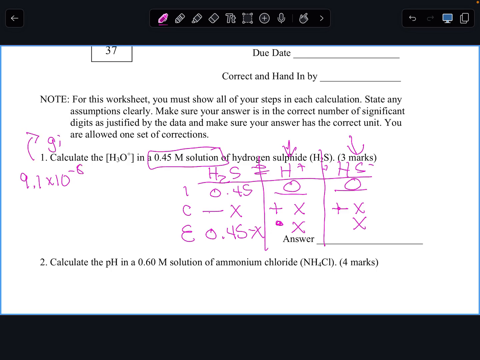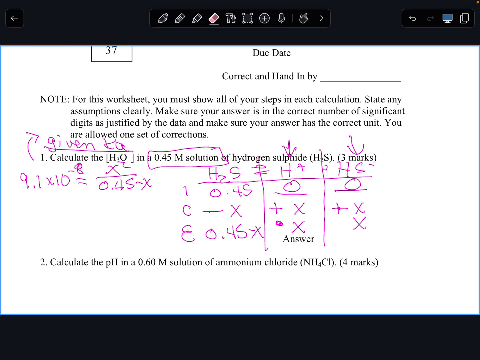You don't know this yet, but this is your given Ka. I'm giving it to you. You would have to look this up. So where did I get that number? It was given. That's going to equal, is it okay with everybody if I write x squared in the numerator and 0.45 minus x in the denominator?